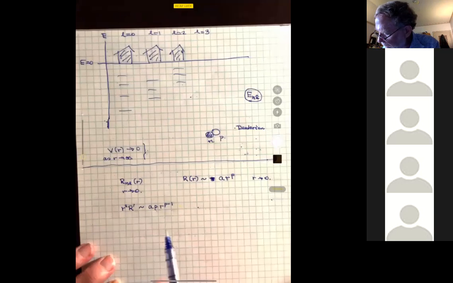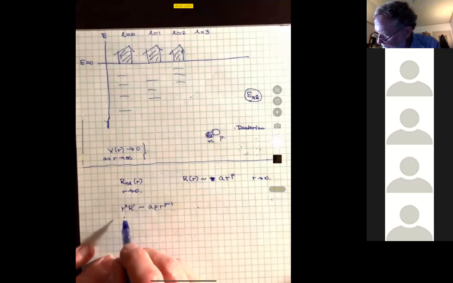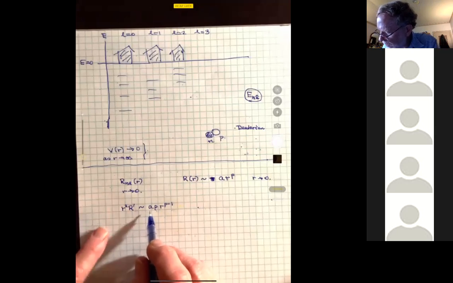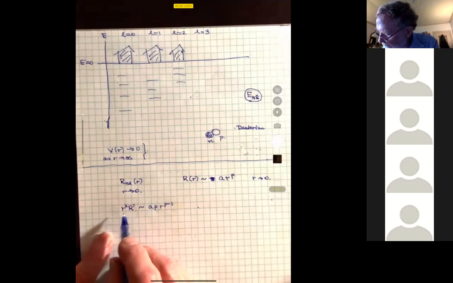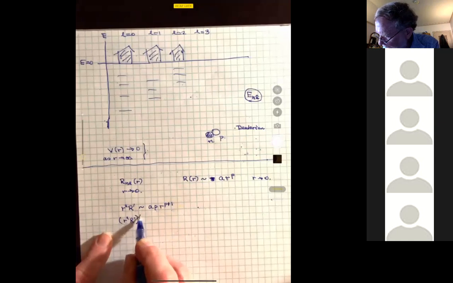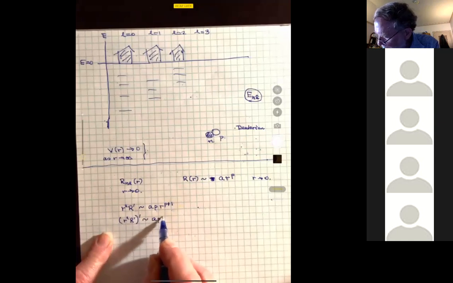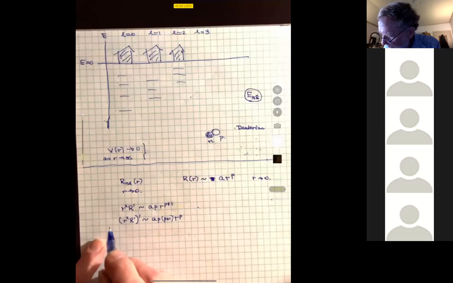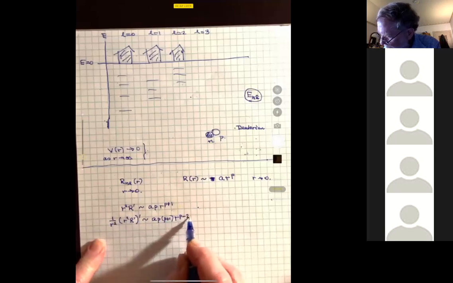So r squared times R prime goes as A p times r to the p minus 1 times r squared, which raises it to r to the p plus 1. If I take r squared R prime and differentiate that again, that goes as A times p plus 1 times r to the p. If I then multiply by 1 over r squared, this r to the p becomes r to the p minus 2.